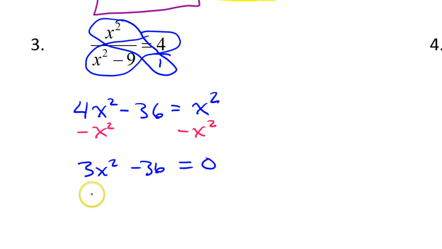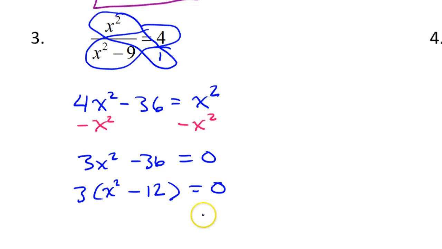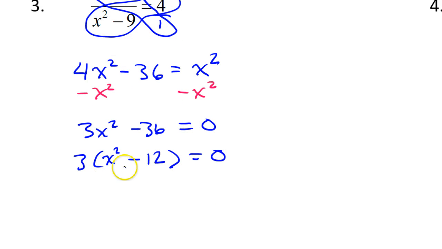If I factor this, in this case that means pull out the common factor of 3. That's going to leave behind x squared minus 12. But this won't factor any further, so I would have to set x squared minus 12 equal to 0. Normally I'd set the other factor equal to 0, but it's a constant, so it can't equal 0.